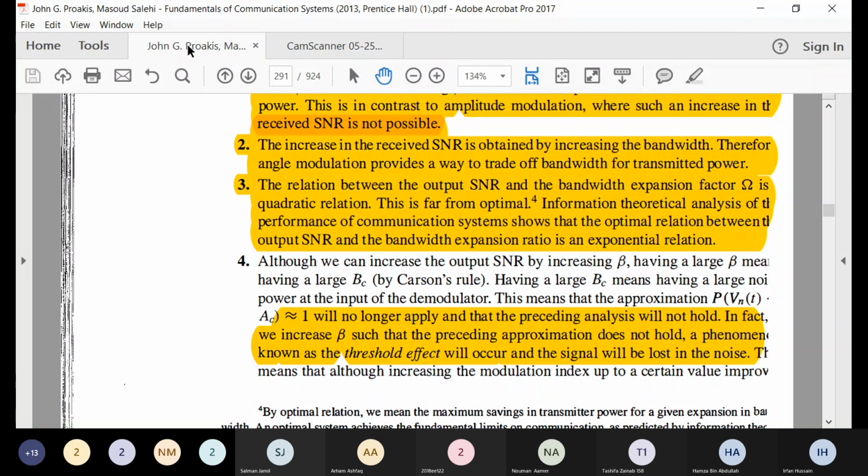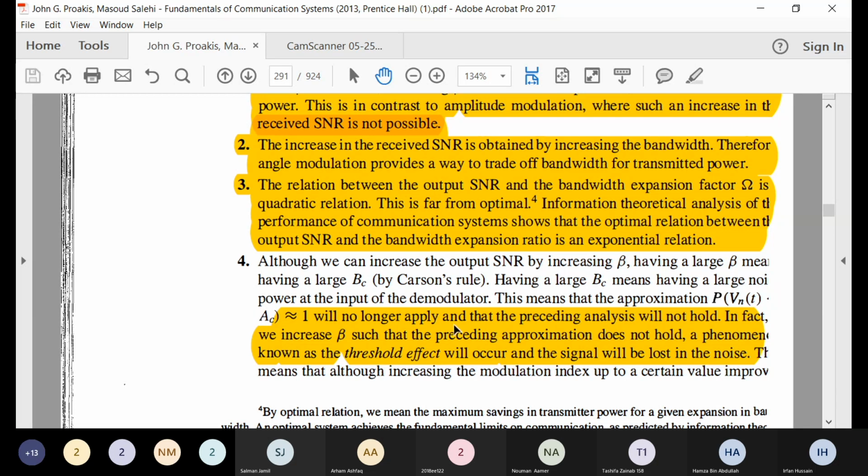So all of our approximations will not hold, especially the approximation we made that the noise voltage is much less than the carrier amplitude AC.